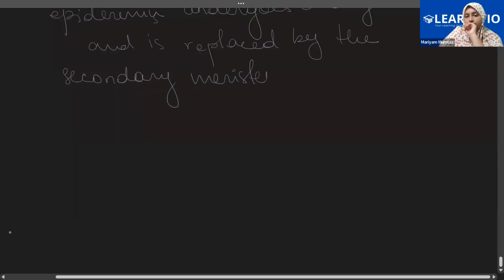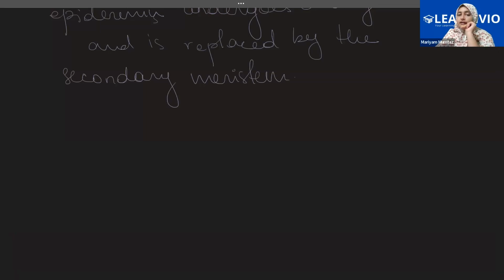This is when the plant is growing old. Clear? Any doubts up until now?